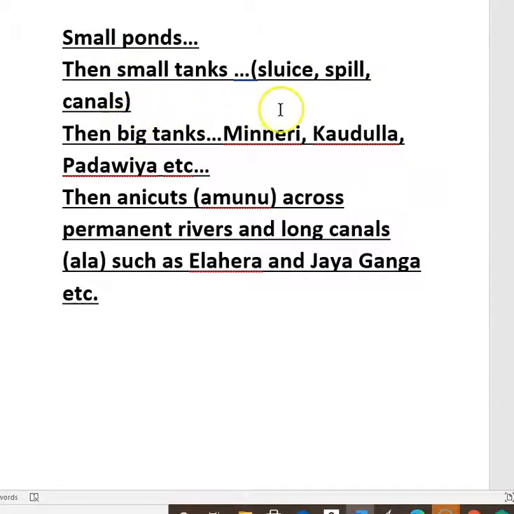And these small tanks can capture water from rainwater, but Minneri, Kaudulla, Padaviya, those big reservoirs are too big for rainfall alone. So what they have to do is build anikats or amunu. In the anikat section I talked about, I have photographs and everything on large anikats.